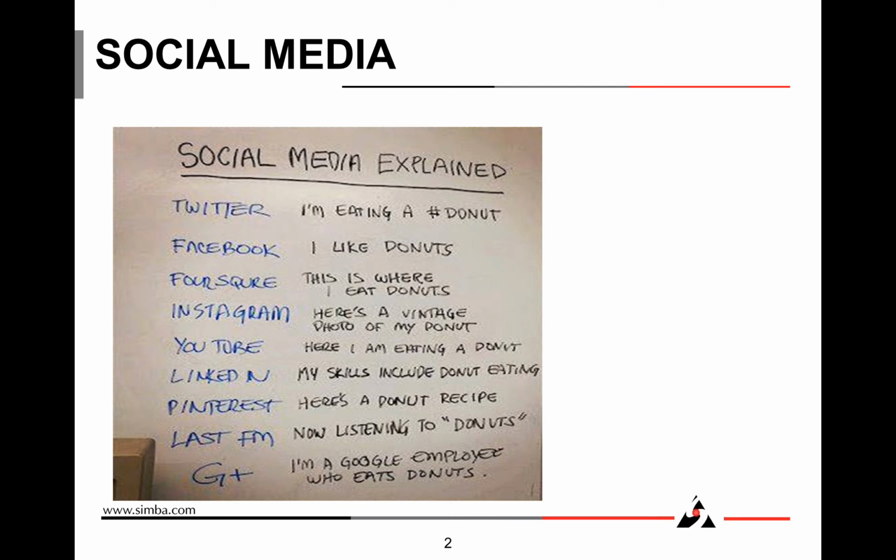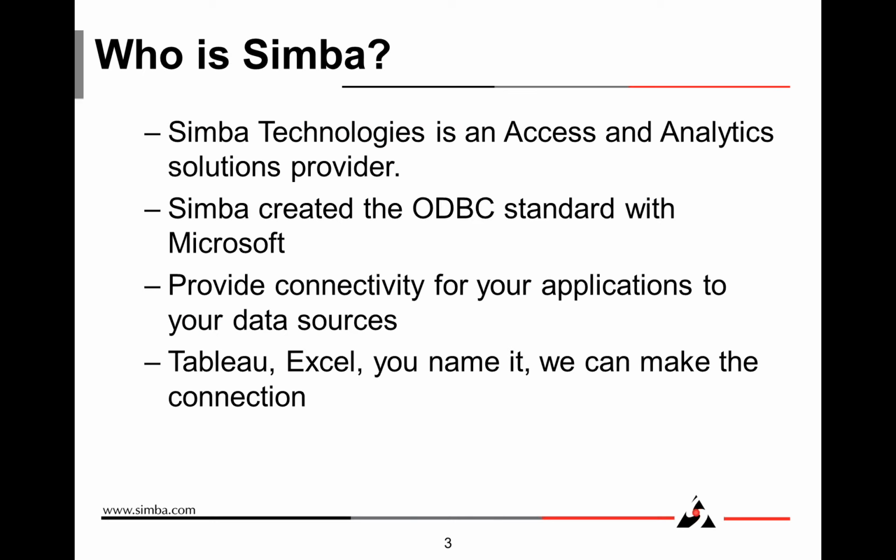Get onto YouTube and show yourself, say, here I am eating a donut. LinkedIn, of course, everyone uses LinkedIn, and I should put up my skills include donut eating. Pinterest, here's a donut recipe. On Last.fm, I can tell people that I'm listening to donuts. And then, of course, on Google+, I'm a Google employee who eats donuts. Anyway, that was an attempt at a bit of a joke there.